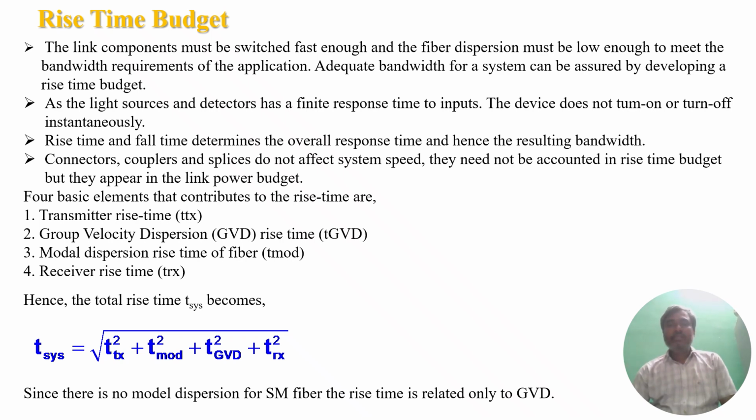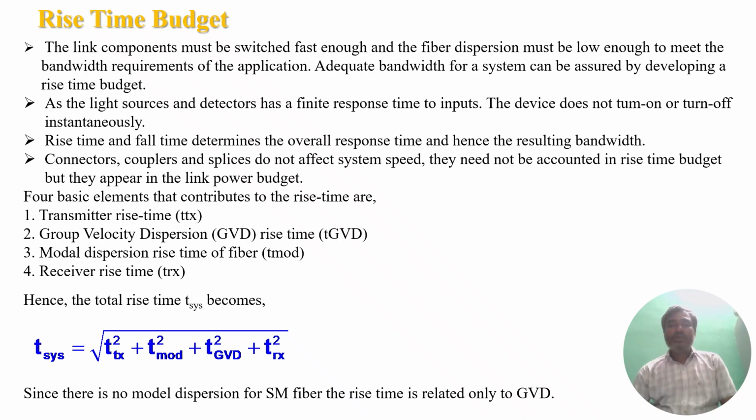The connectors, couplers and splicers do not affect the speed of the system, so their rise times are not taken into account while estimating the rise time budget. The four basic elements that contribute to the rise time are: one is transmitter rise time, second one is group velocity dispersion rise time, third one is modal dispersion rise time of the fiber, fourth one is receiver rise time.